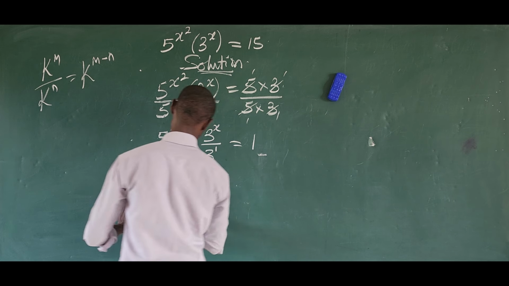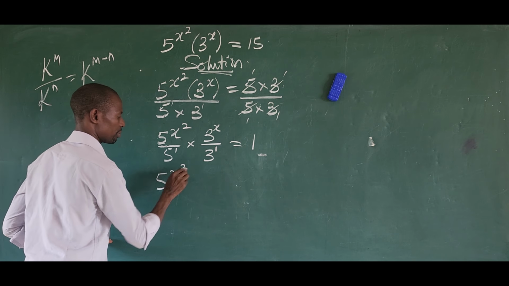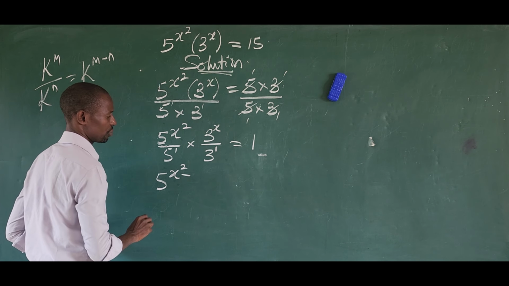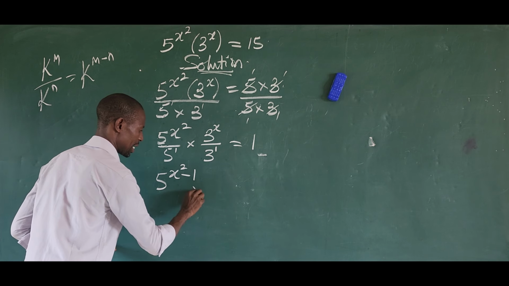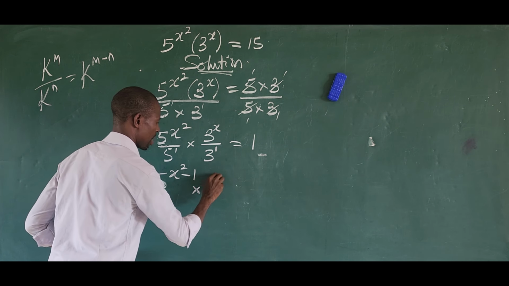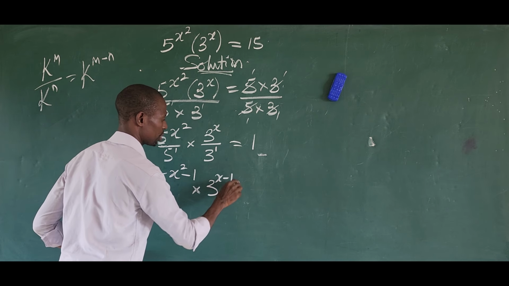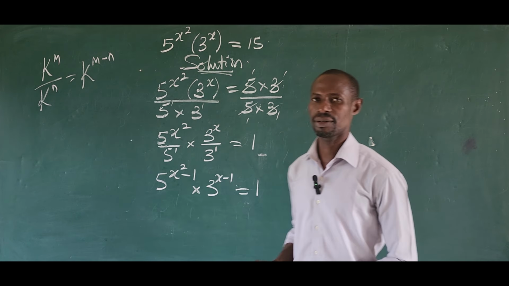So if we do that, this is going to give us 5 all raised to the power of x, raised to the power of 2 minus 1, then the multiplication sign, times 3 all raised to the power of x minus 1, everything equal to 1. This is pretty easy, right?